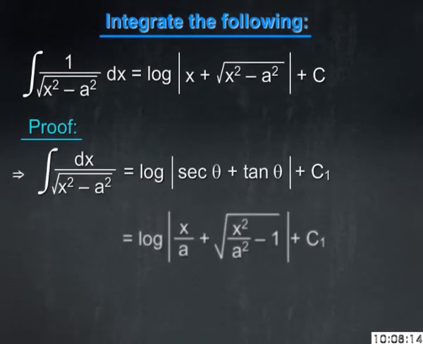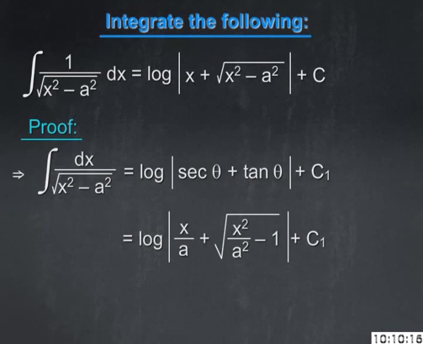Further, it is equal to log of mod x upon a plus square root of x square upon a square minus 1 plus c1, because x is equal to a secant theta, that is secant theta is equal to x upon a.